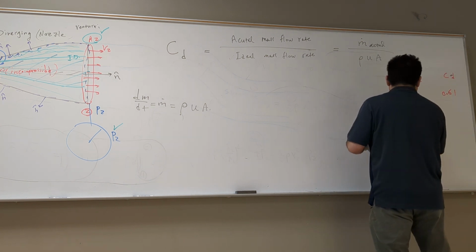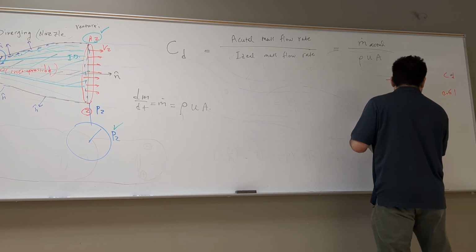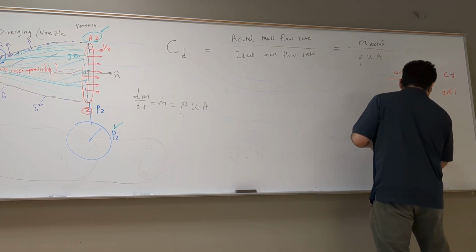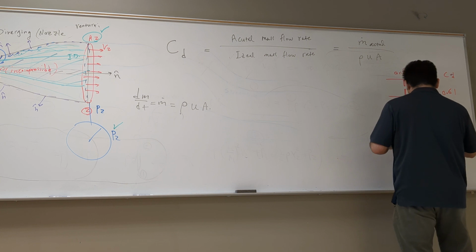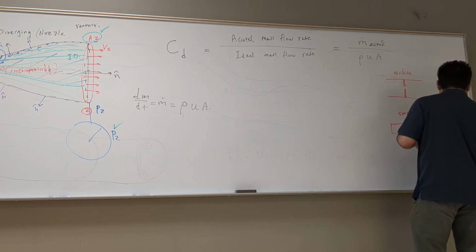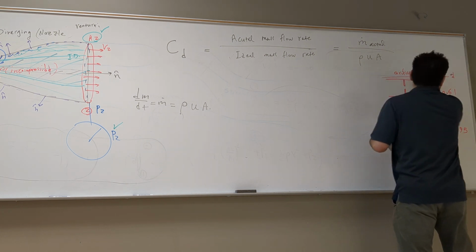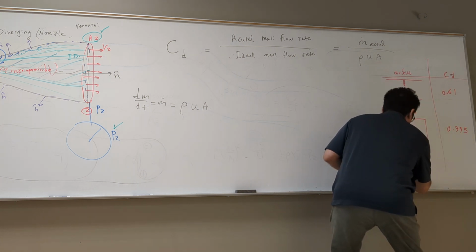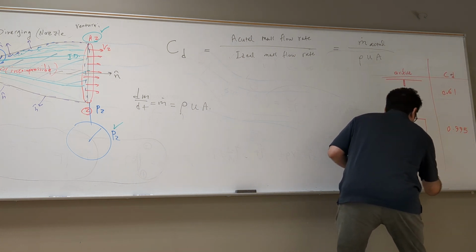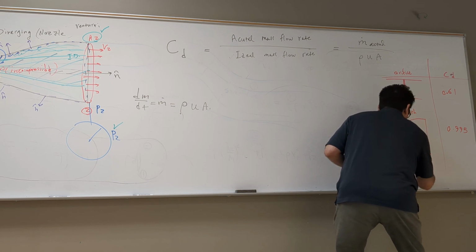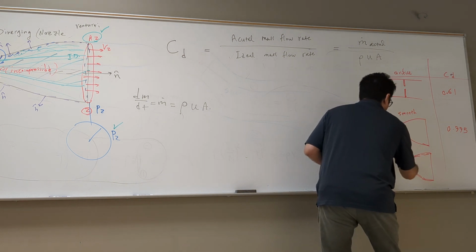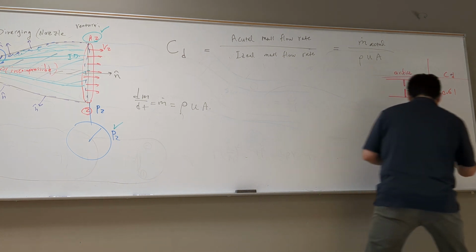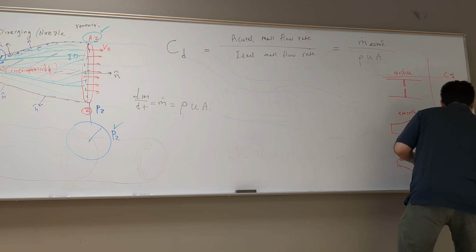Then for a machined nozzle, the response is 0.995. And then for a rough nozzle, the same nozzle but rough, you got surface roughness, you get 0.984.